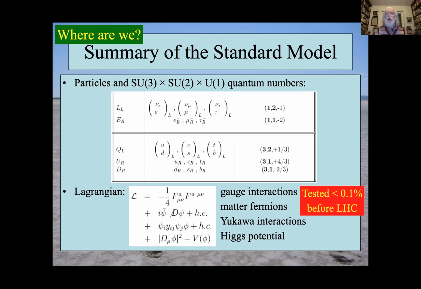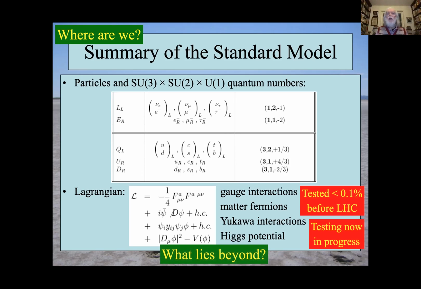And in the two lower lines, we've got the Higgs, its couplings to fermions, the Yukawa interactions, and the Higgs potential. This, of course, is the area of the standard model which is now being tested with increasing precision by the LHC. The question then is, what lies beyond these particles and interactions in the standard model?